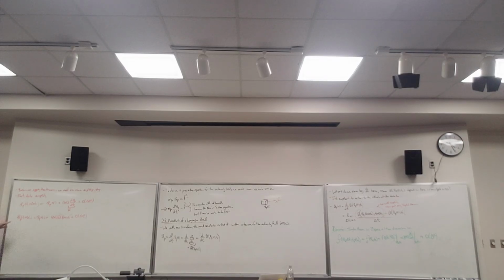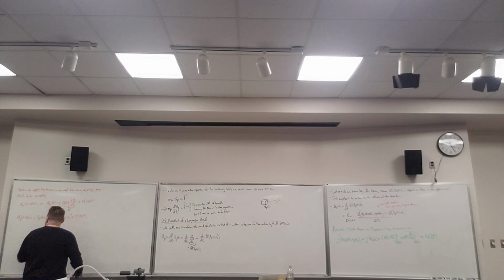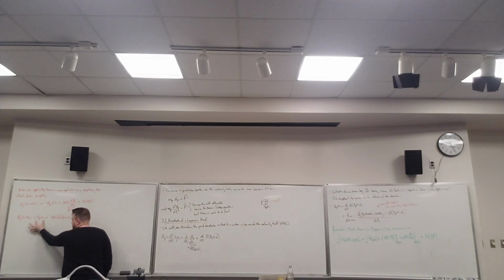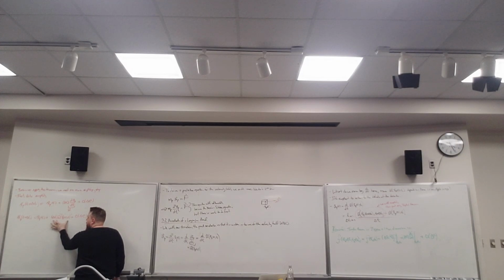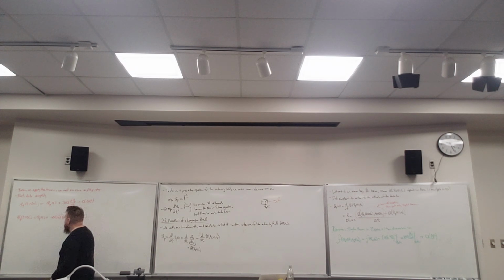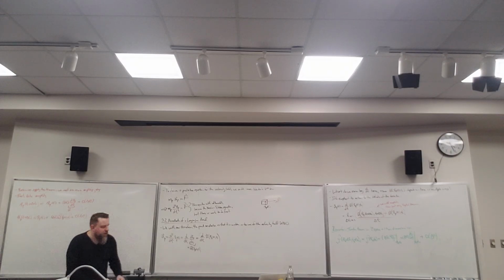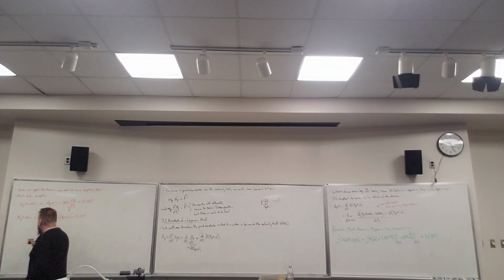What it says is, if we want to know the position of our particle at some point delta t in the future, then that particle's position is going to be equal to its current position plus a small perturbation that goes in the direction of the velocity of the particle. So where it's going to be in the future is where it is now, plus a displacement due to its velocity.